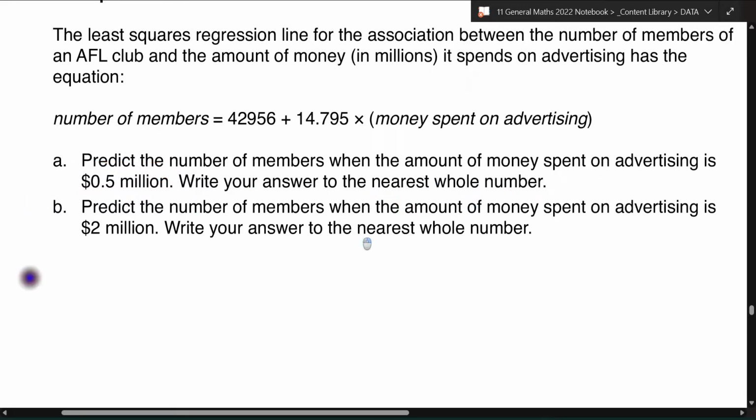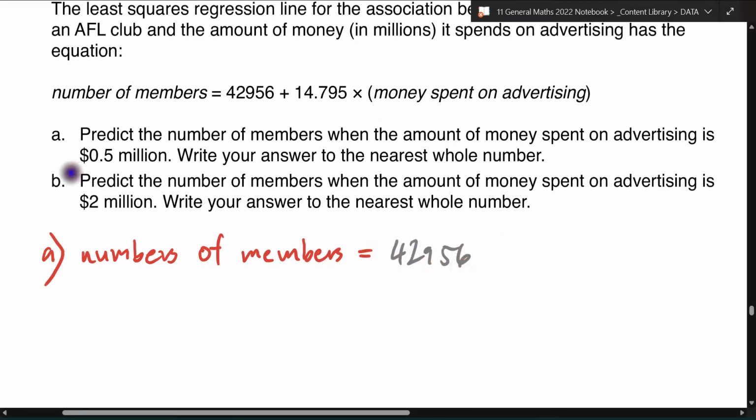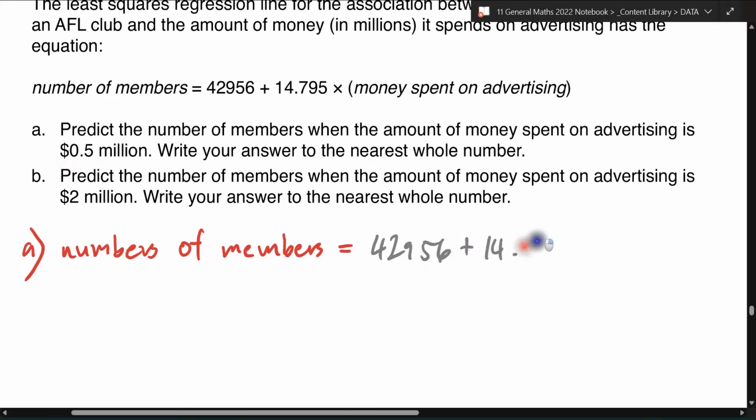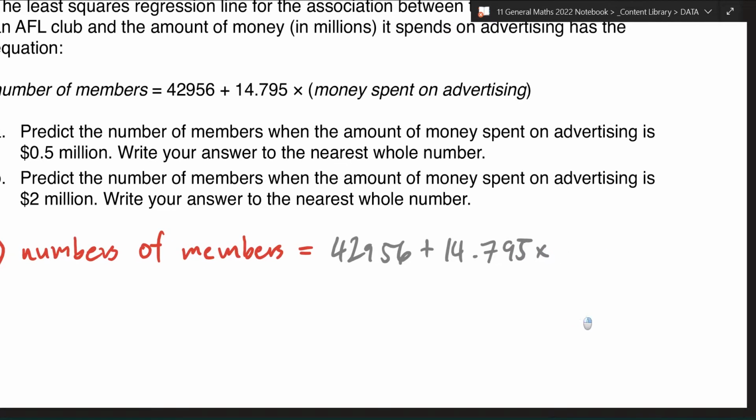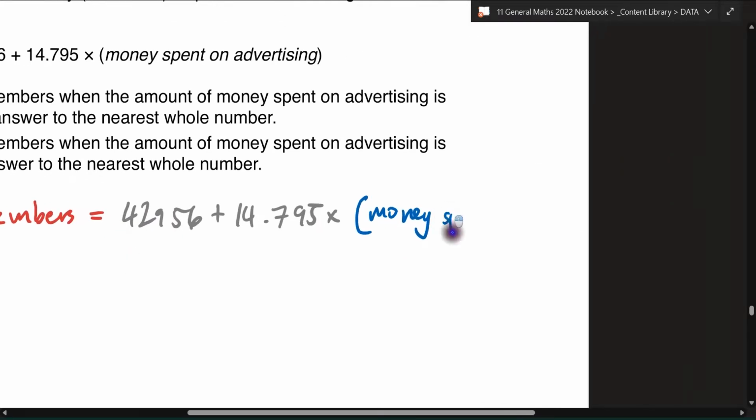All right, so let's do that one. A, my equation is number of members is equal to 42956 plus 14.795 multiplied by money spent on advertising.